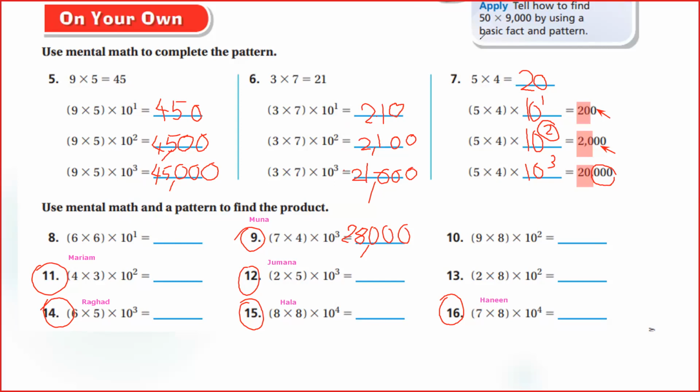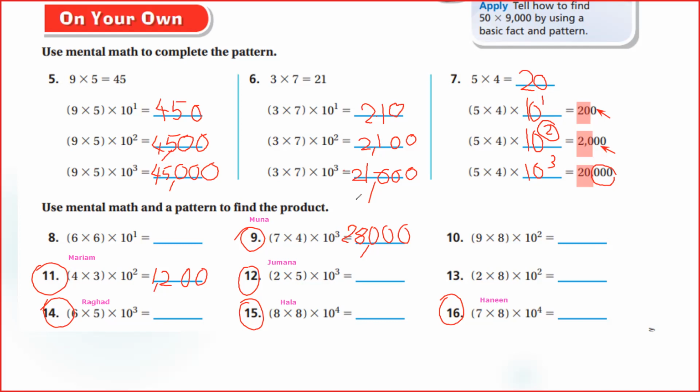Focus. 10 to the power of 2 means 2 zeros. Then 4 times 3 is 12. So now what will the number be? Can you read it? Bravo.